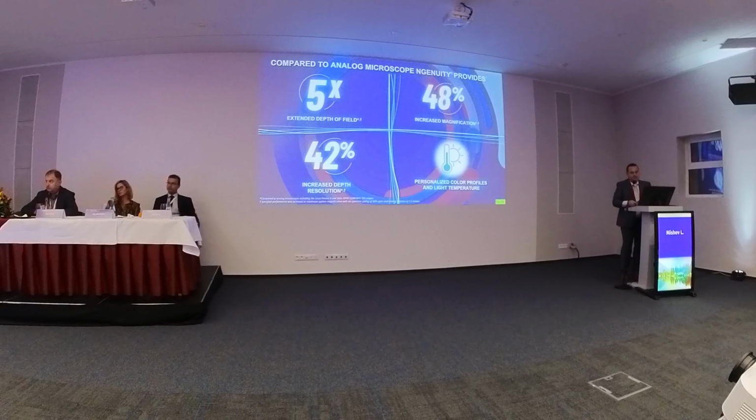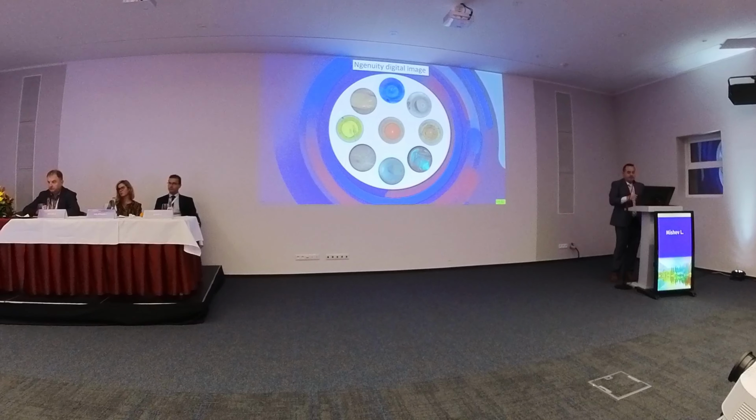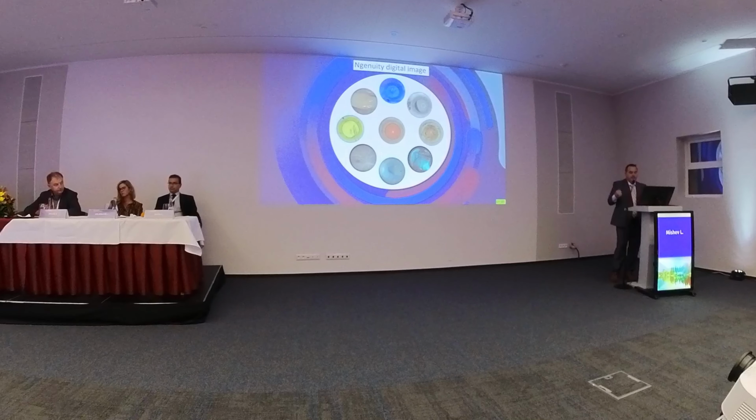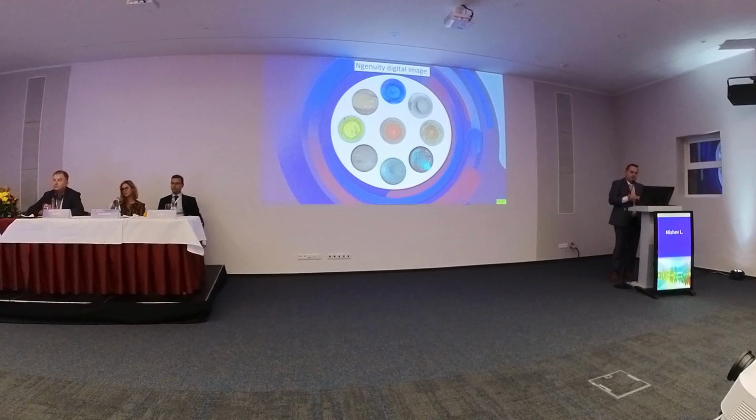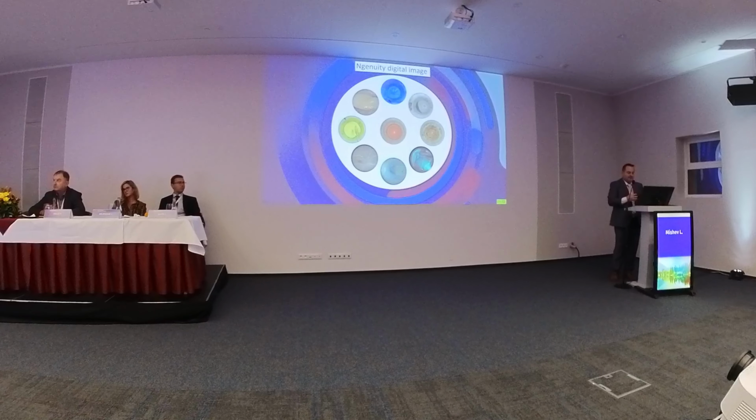And this is the next step. Now, you remember the analog color view, which is in the center, and we have additional, at the moment, 8 imaging modalities that might provide us with additional information. Why? Because the digital image is a composite image. So with a digital camera, we can decomposite this image.